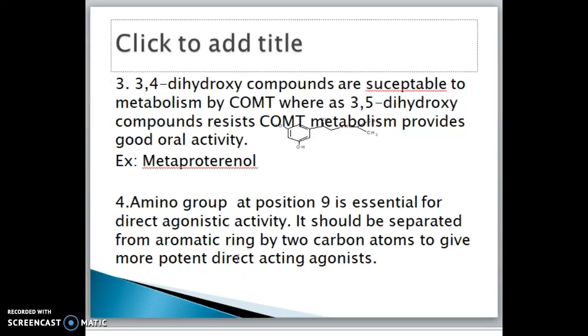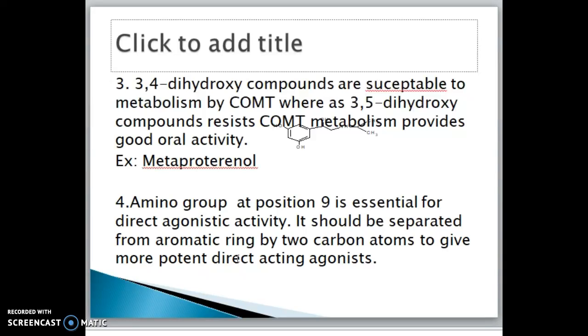When the dihydroxy groups present at the 3rd and 4th positions are changed to 3 and 5, we can inhibit that metabolism and increase the activity of sympathomimetics. An example of such a compound is metaproterenol, where we can see hydroxyl groups at the 3rd and 5th positions. These are the brief modifications we can see on the phenyl ring.